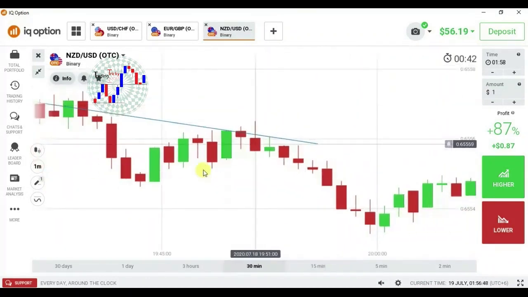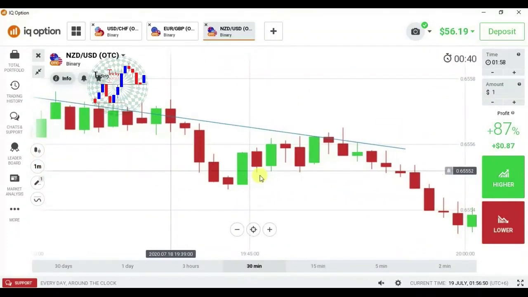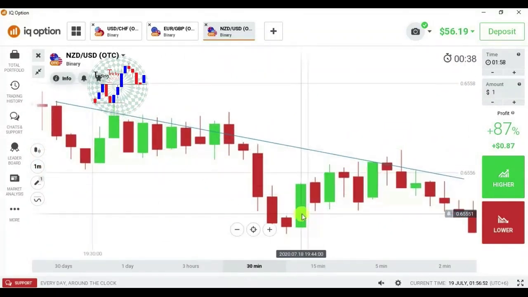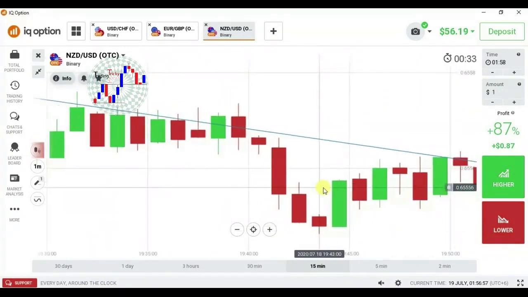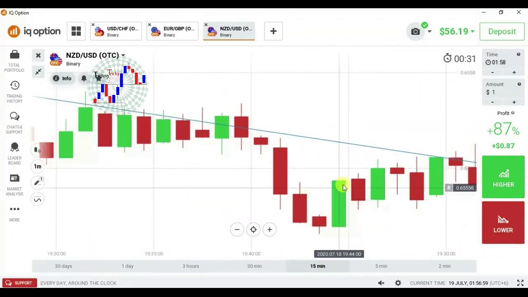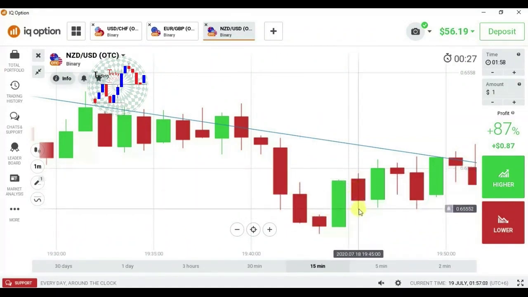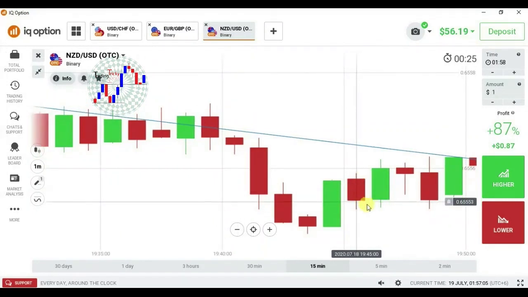Actually it doesn't matter what the candle size is and what the rejection is. Even if you see this is a strong buyers' engulfing, so even this crosses the last two candles, but after that we can see a seller's entry, and this is a strong seller's entry, again we saw a buyer's entry.